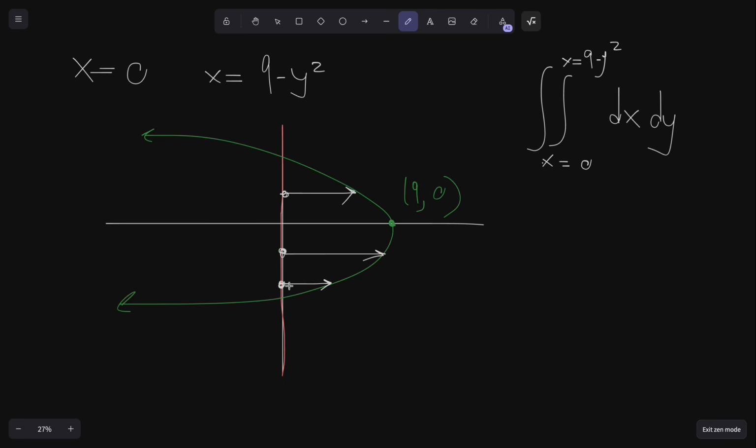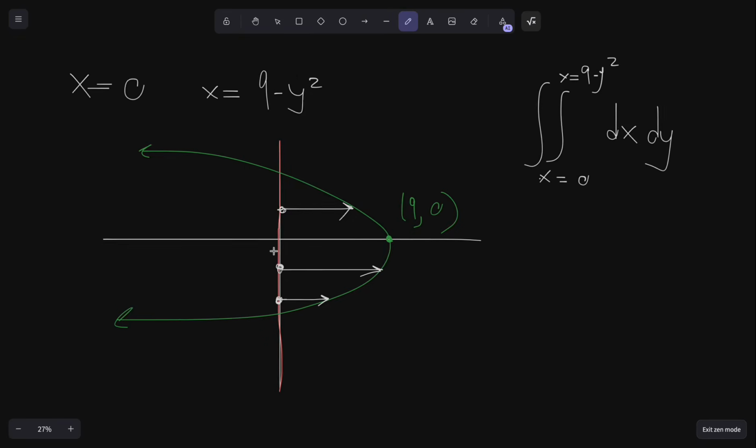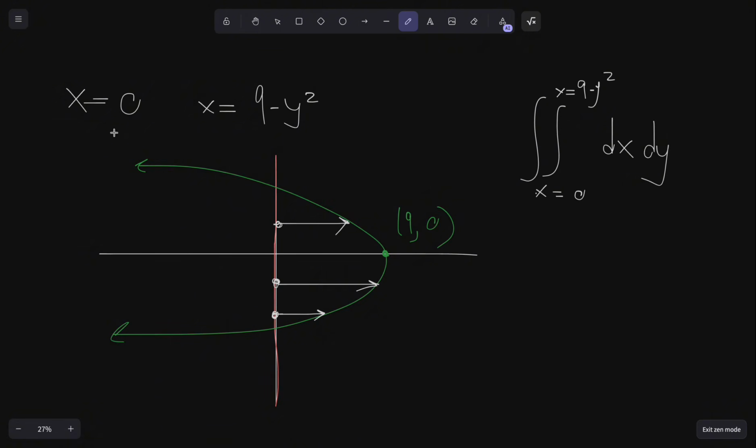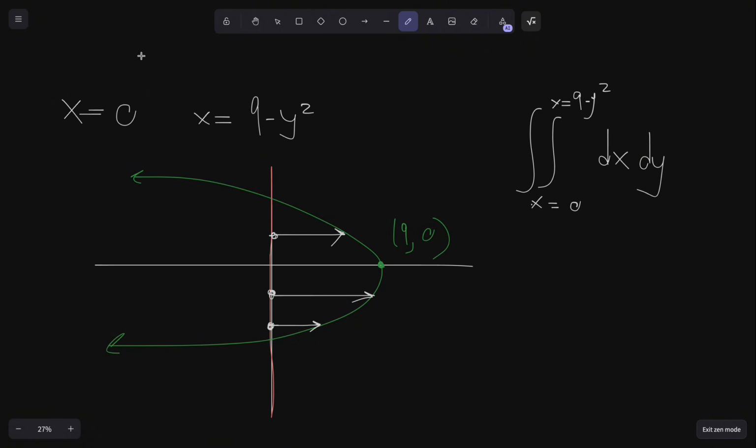And our y values are going to range from, well, we have to solve them, right? In order to solve them, we just set them equal to each other. So we have 0 is equal to 9 minus y squared. And then when we solve for y, we get that y is equal to plus or minus 3. So our y ranges from minus 3 to 3.